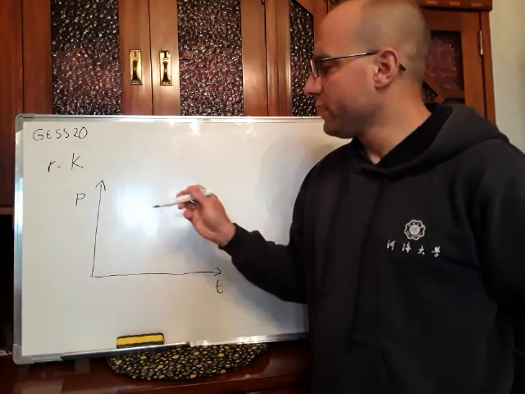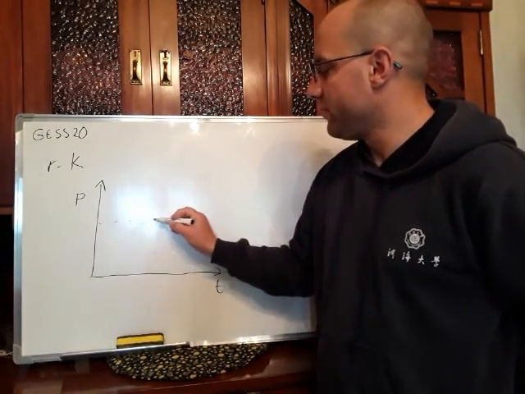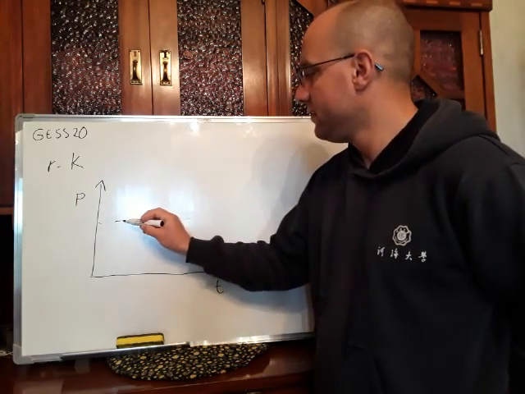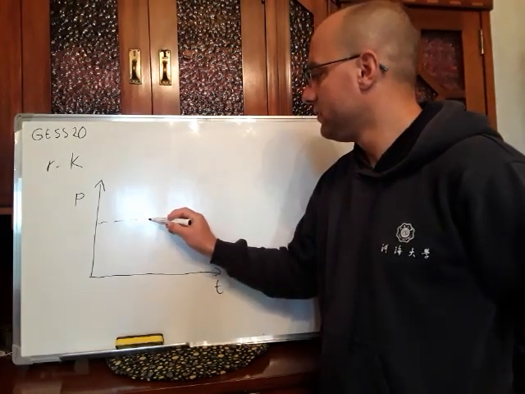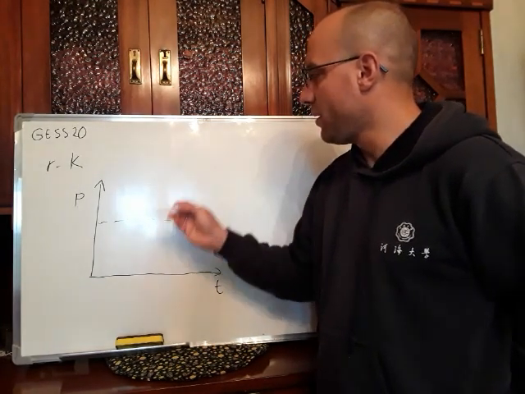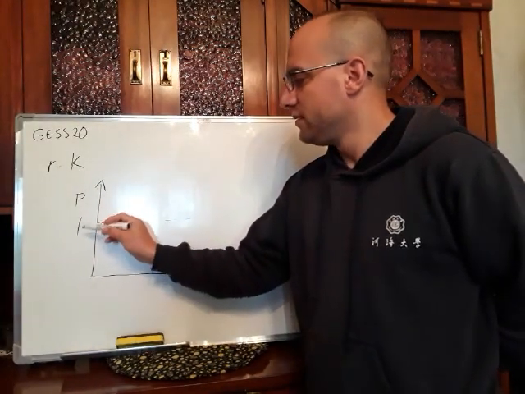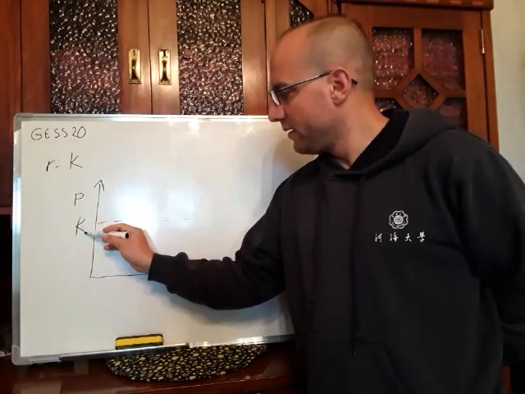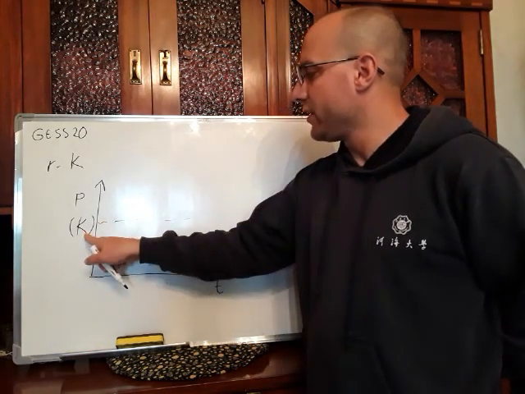And one of the things I just want to clarify is that there's a carrying capacity, which is the volume or the number of individuals in a population that would actually be supported by this specific area.